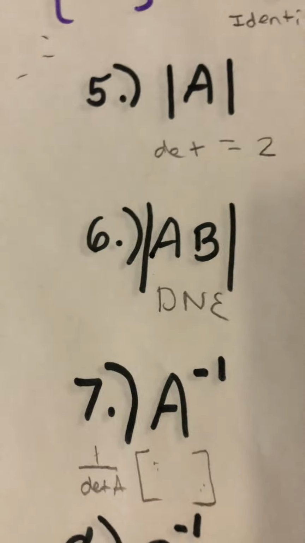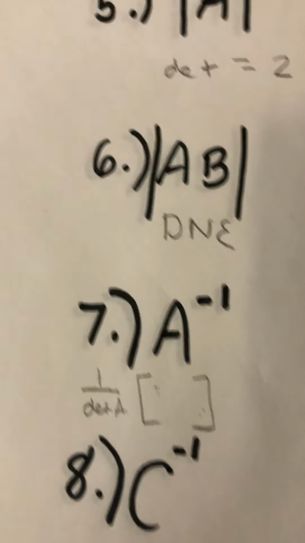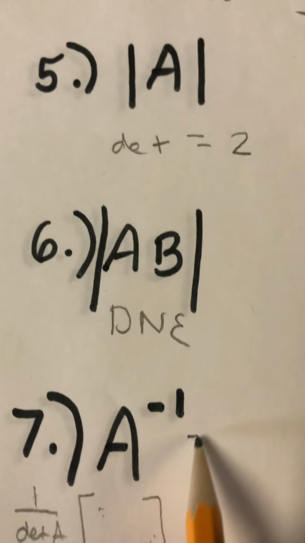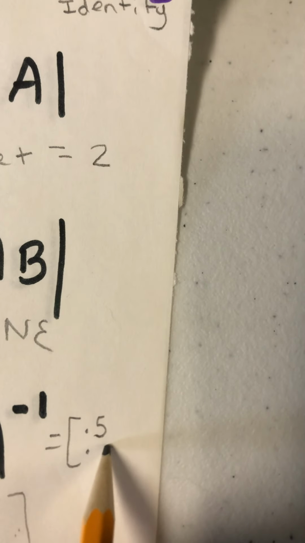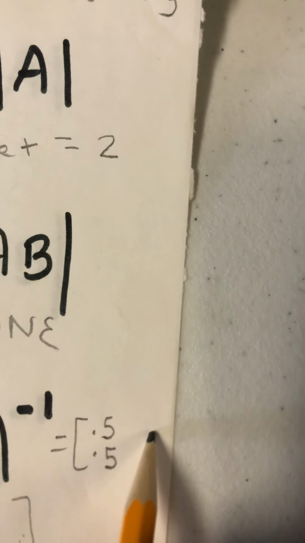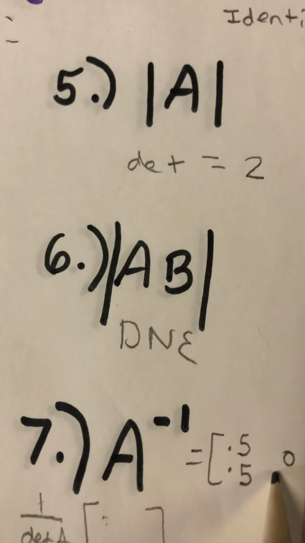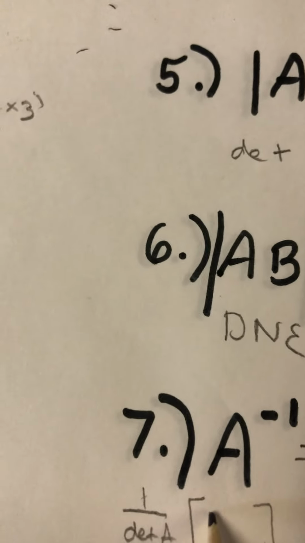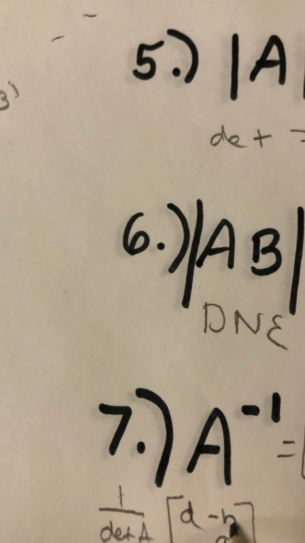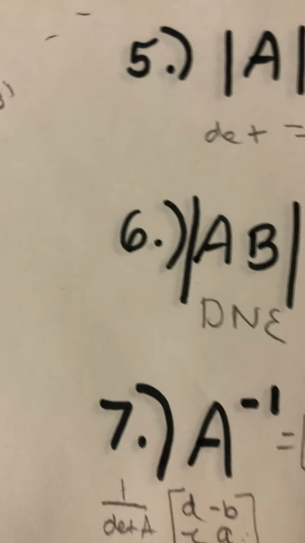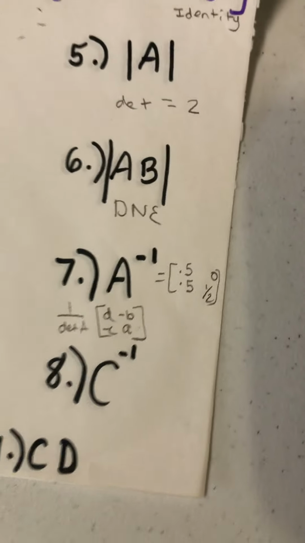So I'll have to find that and put that in there for you before I send the notes. But you don't have to worry about that, because the calculator will do that all for you. So this is 0.5, 0.5, and this is 0, and then this is 1/2. So I think what happens is it switches these around and negates these. But I'll double check that for you.